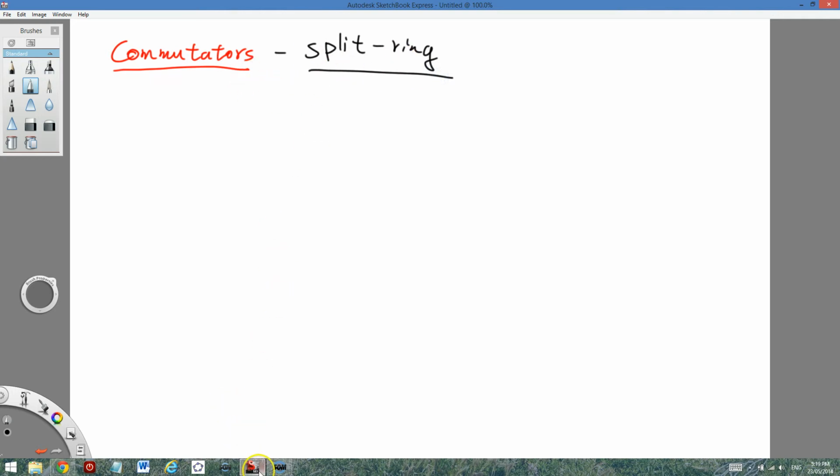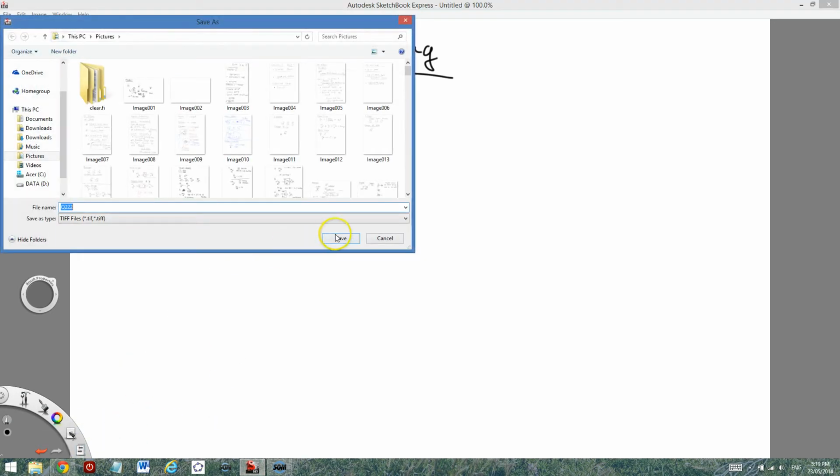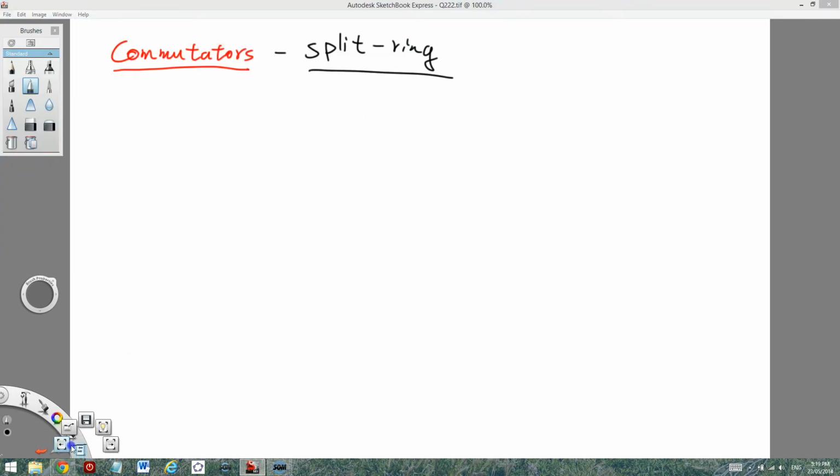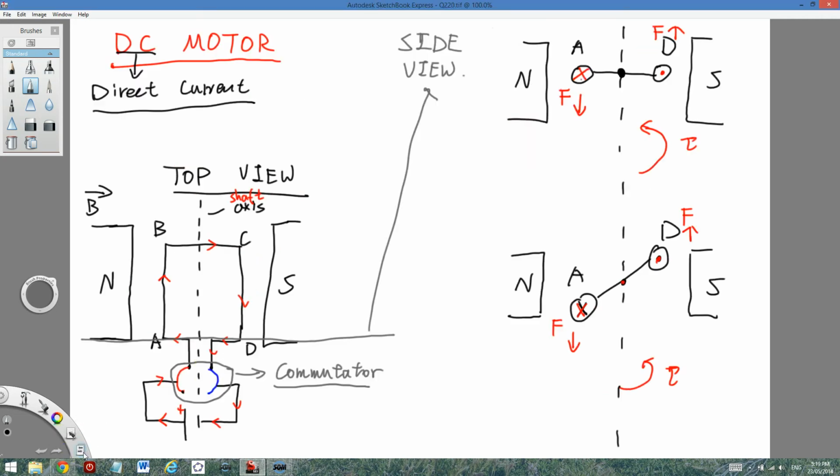Now, as we talked about before, in a proper industrial design of a DC motor, the commutator makes sure that the current always goes into the page on the left hand side, or on one side, and comes out of the page on the other side. That's basically what it does.